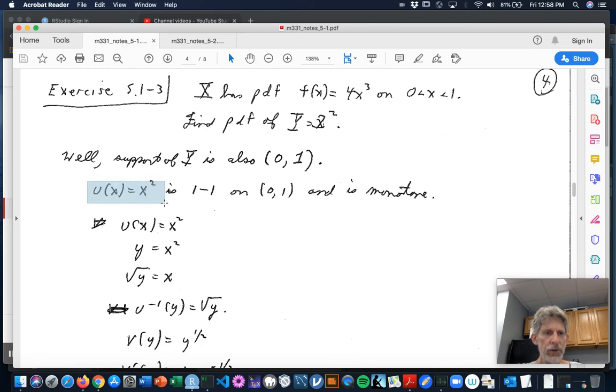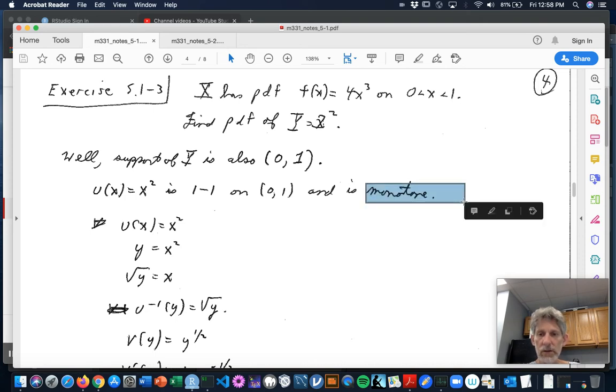Also, although the function x squared is not one-to-one on all real numbers, it is one-to-one when you restrict the domain to be just the x's from 0 to 1. And the other thing I notice is that it's monotone increasing on that interval. So we can totally apply this change of variables technique.